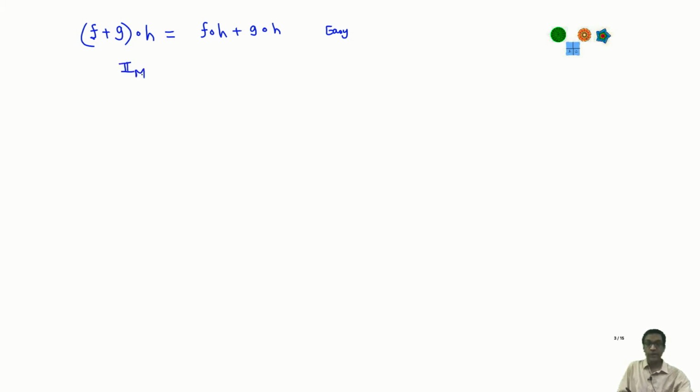It's just the identity operator on M. Let's look at I_M, which is the identity operator. Now I_M satisfies this property: if you compose the identity operator in either direction, of course it gives you back the original function. So I_M is the identity map. It sends x to x for all x in M. And that's a homomorphism. The key property here again is that the identity is in fact a group homomorphism.